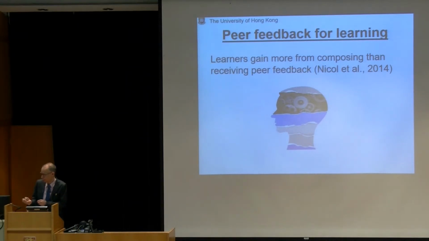Okay? Now, the visual there, you've got a sort of brain, and I'm trying to illustrate some cognitive thinking going on. So the main reasons why composing peer feedback is more of a learning experience than receiving is that in order to compose peer feedback, in order to do it well, in order to do it seriously, you have to involve in some quite deep cognitive thinking.